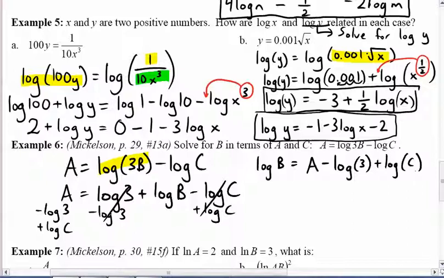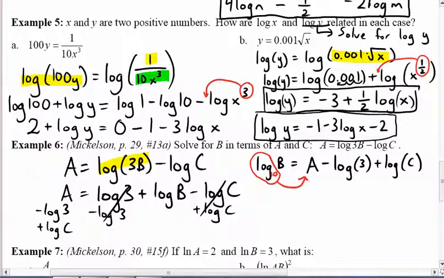Now I saw that on most people's paper and then they got stuck. If you have log on one side of an equation, you can move it to the other side of the equation, just like we did last week, by making it the base of an exponent.